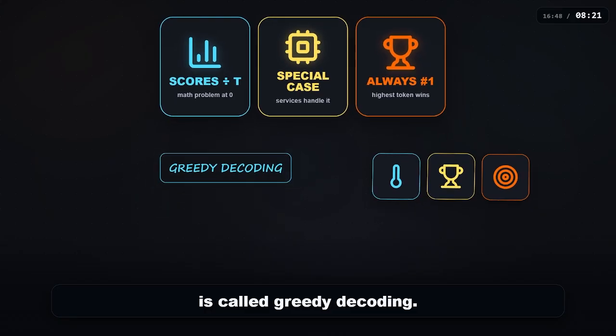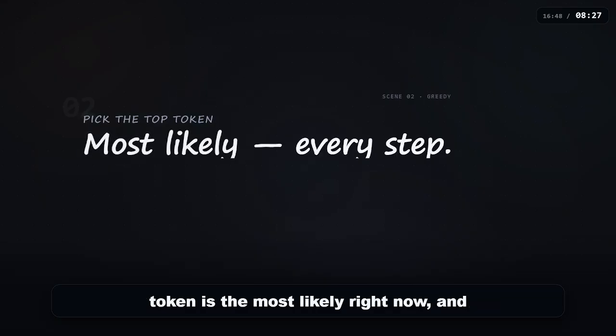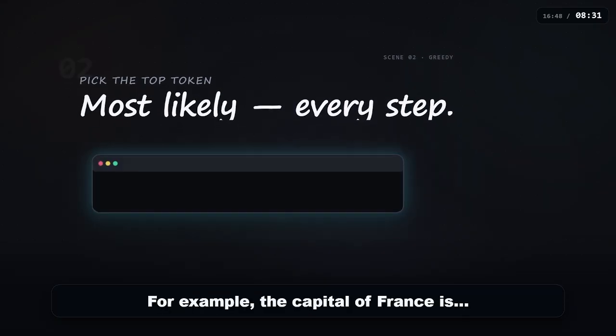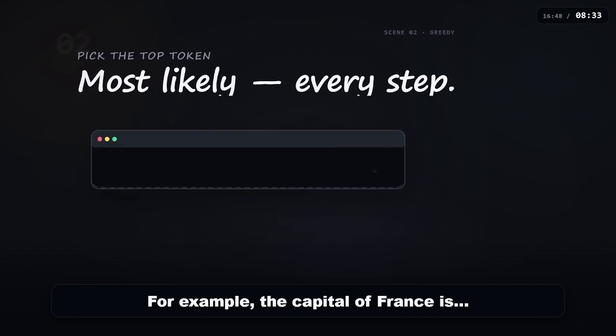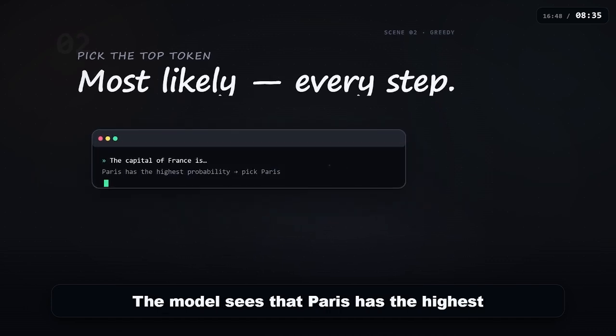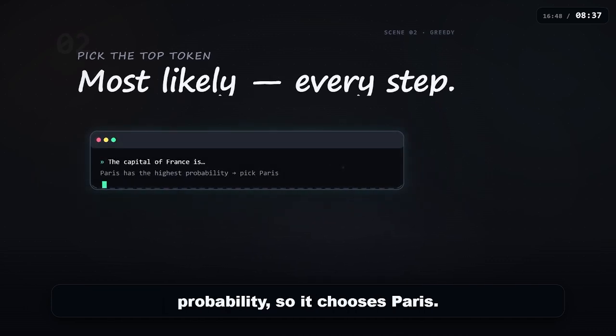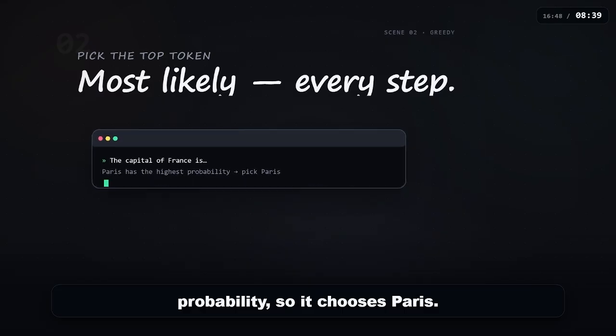This is called greedy decoding. At each step, the model basically asks which token is the most likely right now, and then it picks that token. For example, the capital of France is... The model sees that Paris has the highest probability, so it chooses Paris.